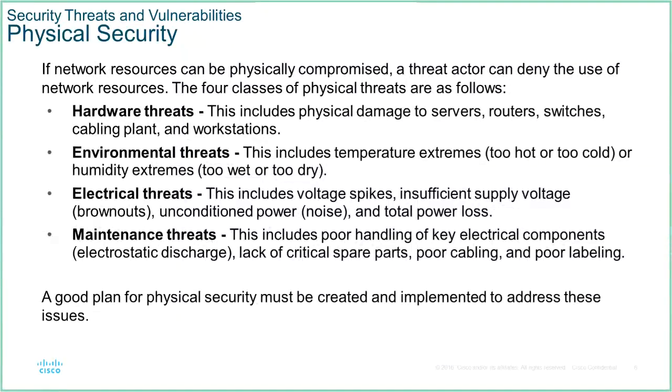Other things like electrical threats are spikes or lack of power. So if somebody can control the power to the building, they can depower the network, they can put taps in place without anything being monitored and then turn it back on and get all your traffic, for example.